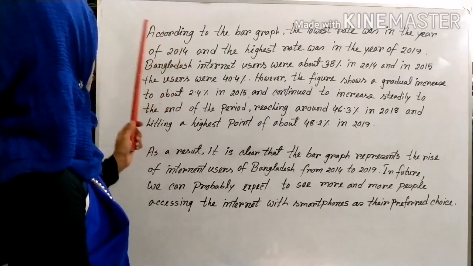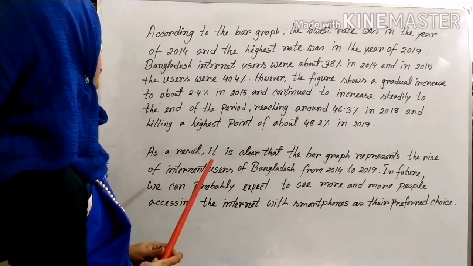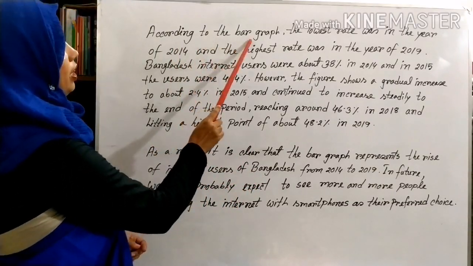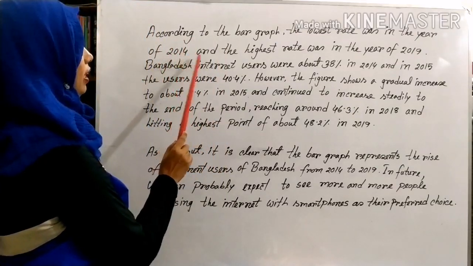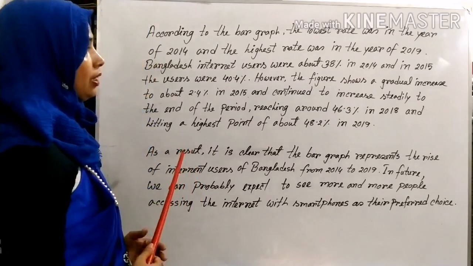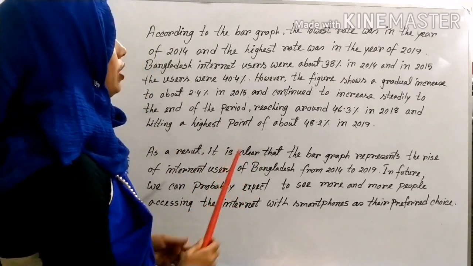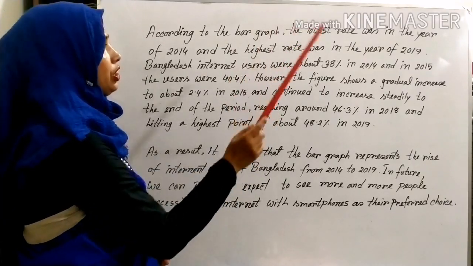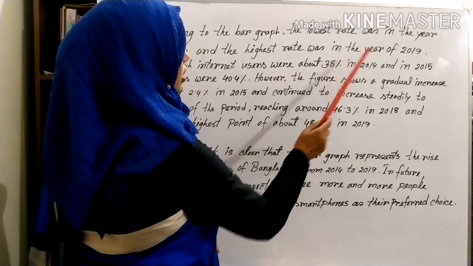For the second para, you can start the sentence in this way. According to the bar graph, the lowest rate was in the year of 2014 and the highest rate was in the year of 2019. That means you have already informed from the graph what the lowest rate was and in which year, and what the highest rate was and also in which year.